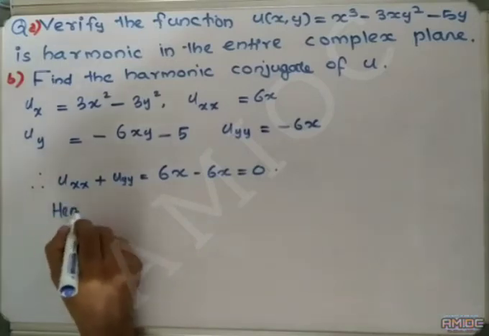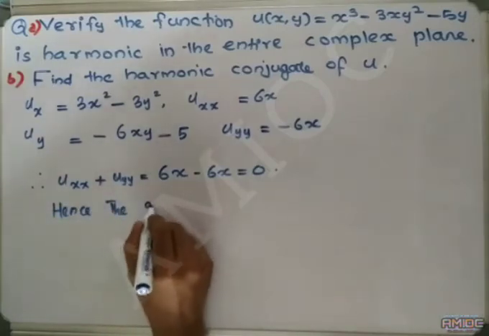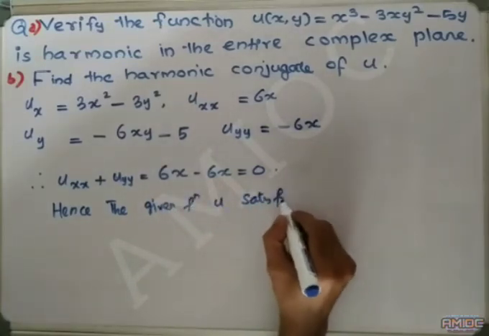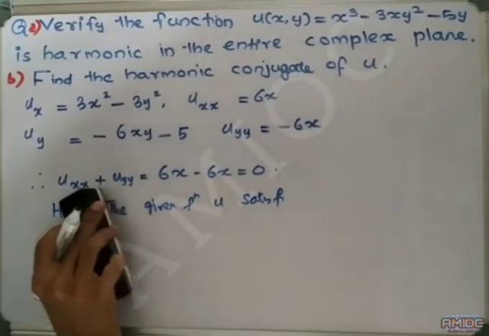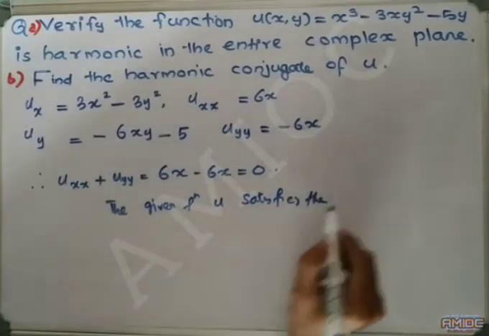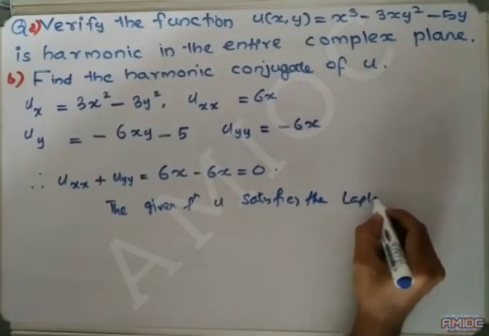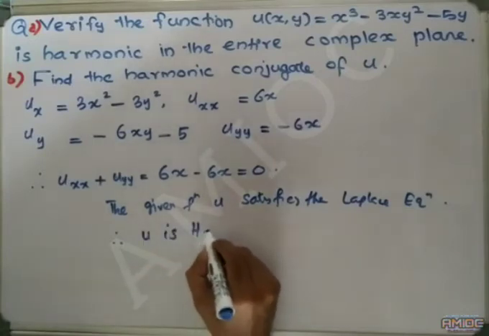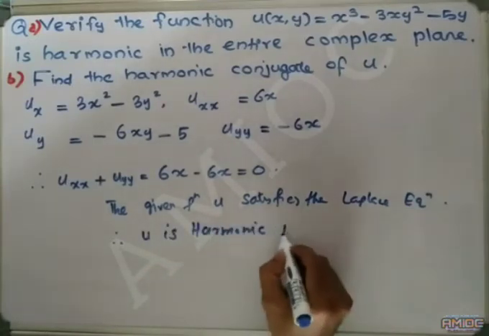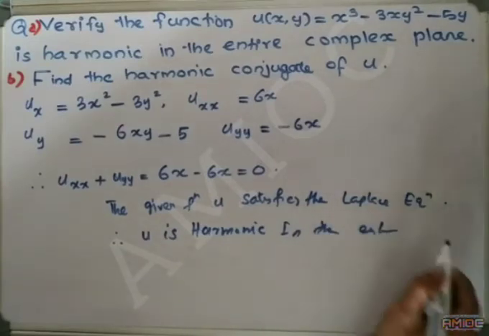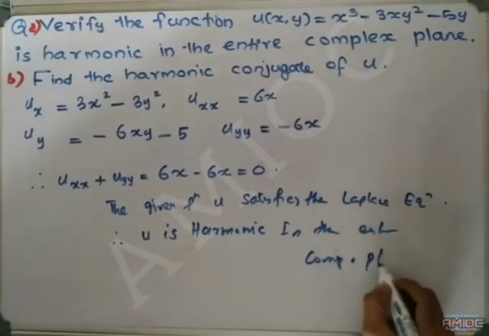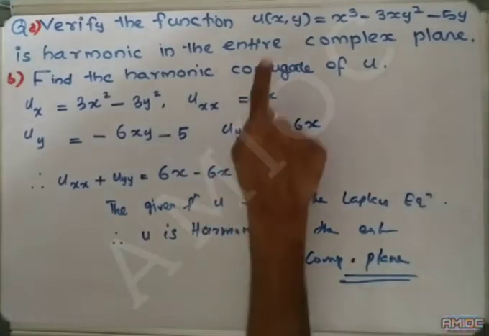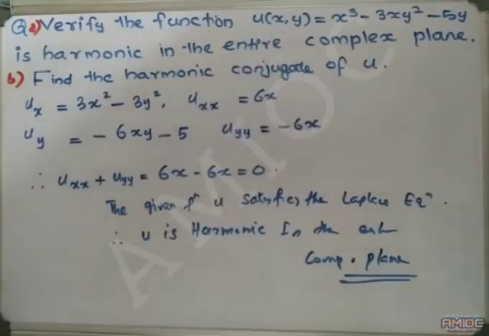Hence the given function u satisfies the Laplace equation, therefore u is harmonic in the entire complex plane. Therefore, the first part is over. We have verified that the given function u is harmonic in the entire complex plane.